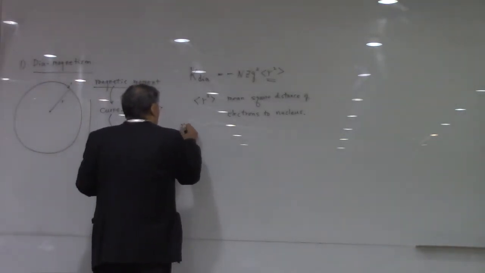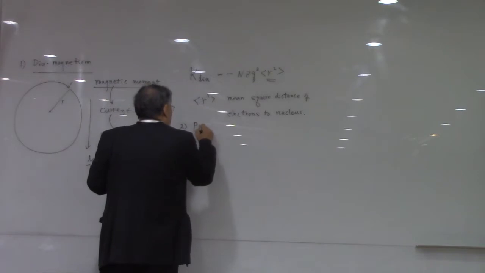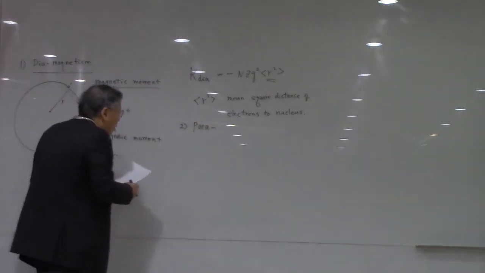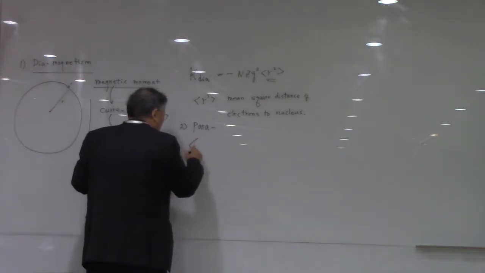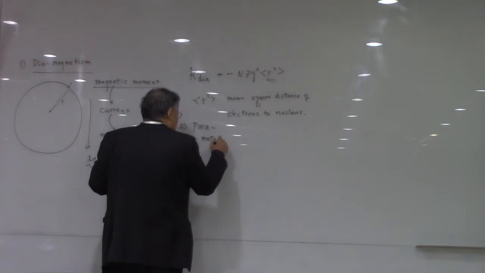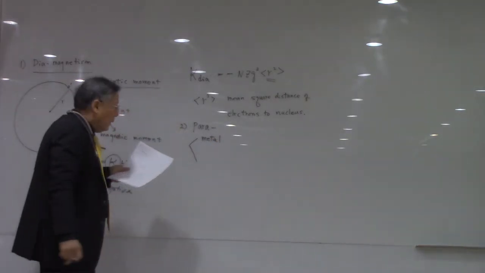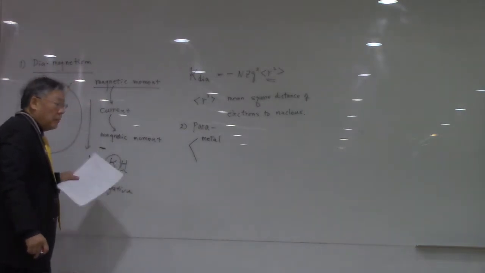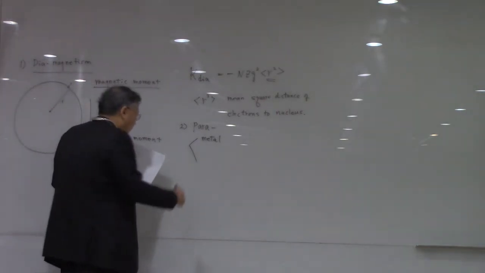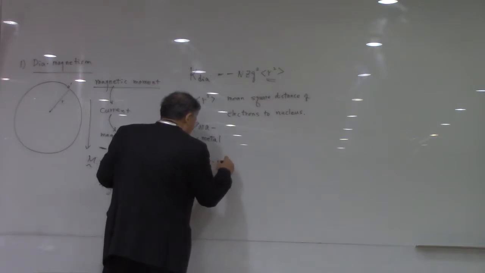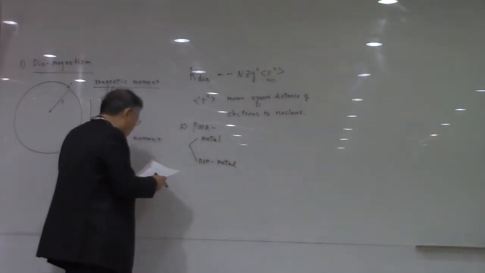And if you look into the paramagnetism, we can distinguish two cases for this. The first one is the metal. We have discussed this metal case, the free electron paramagnetism, right? And the non-metal case, we can distinguish these two.